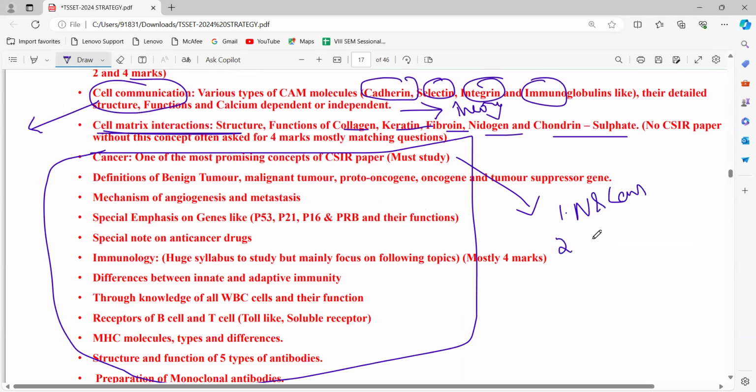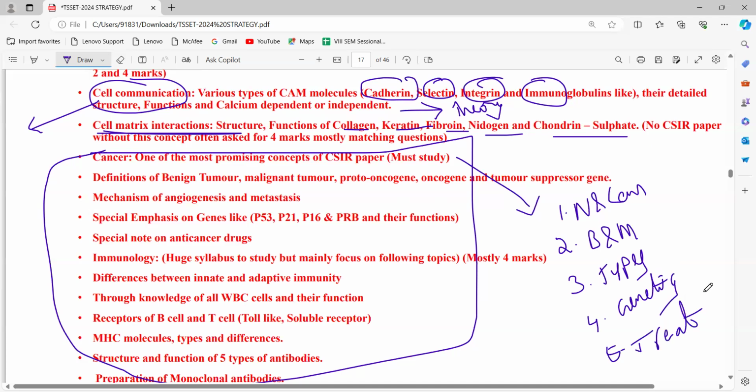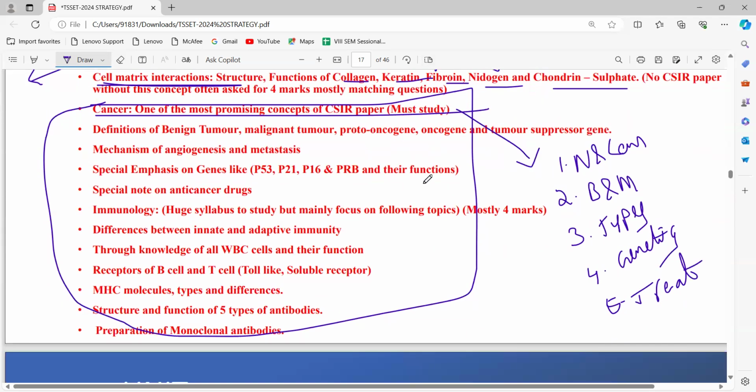You have to read the differences between benign tumor and malignant tumor, types of cancers, genetics of cancer, and the treatment involved in treating cancer. These kinds of questions are very common and very important.